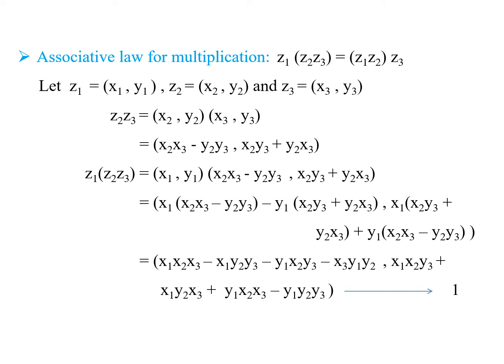So now we apply again the multiplication of any two complex numbers. So we will get the result as x1 x2 x3 minus x1 y2 y3 minus y1 x2 y3 minus x3 y1 y2 comma x1 x2 y3 plus x1 y2 x3 plus y1 x2 x3 minus y1 y2 y3.